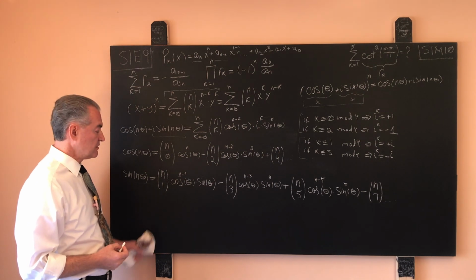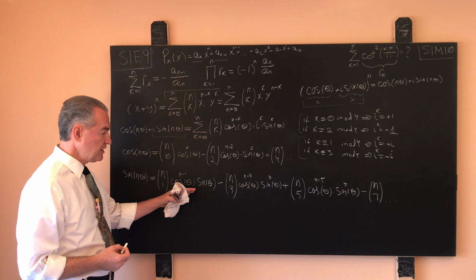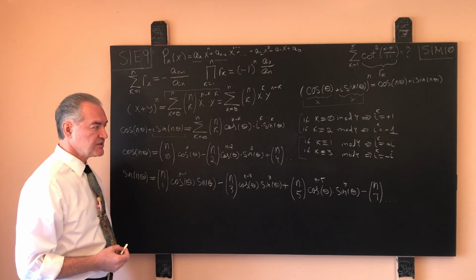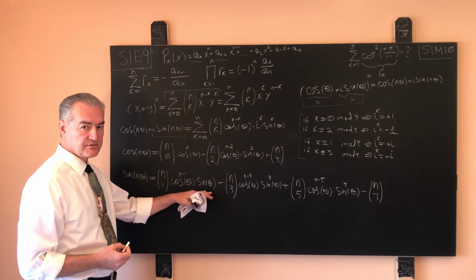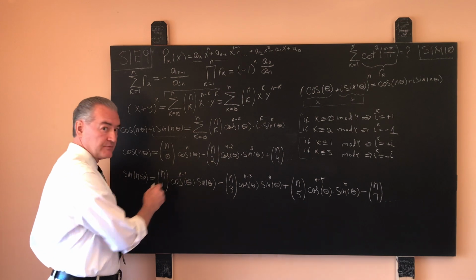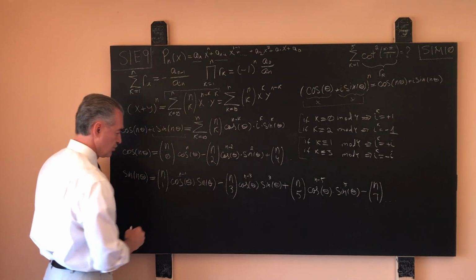That means that we can multiply and divide each such summand by the trigonometric function of sine of theta raised to the power n. What will happen if we do that for the very first term?